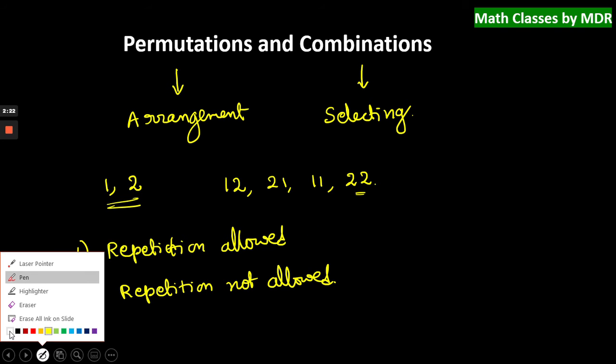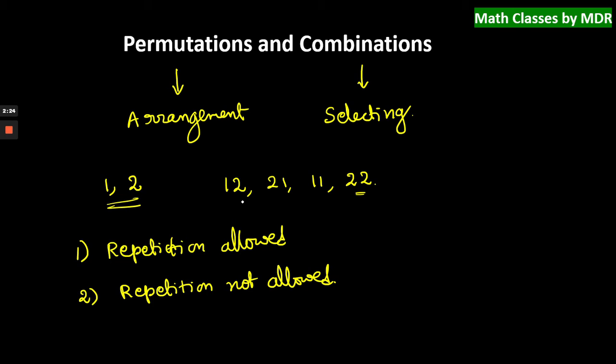Suppose the repetition of the digits 1 and 2 is allowed, you will get a total of 4 possibilities, 4 two-digit numbers. So when repetition is allowed, we will have 4 numbers, and if repetition is not allowed, you will get only 2 numbers, because in 11 and 22, 1 is repeated twice and 2 is repeated twice. So these cannot be considered for the second case. What is the second case? Repetition is not allowed.